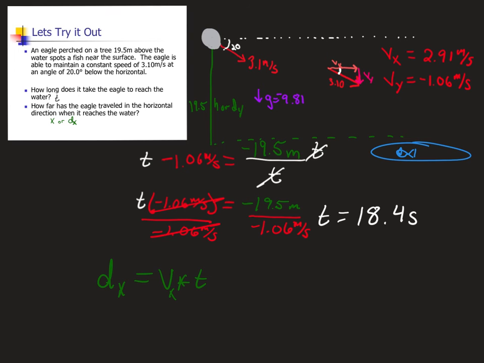I utilize the 2.91 meters per second that I had solved for earlier, multiplying that by the time that I just solved for, to now give us the displacement in the x direction, and that is going to be 53.5 meters.